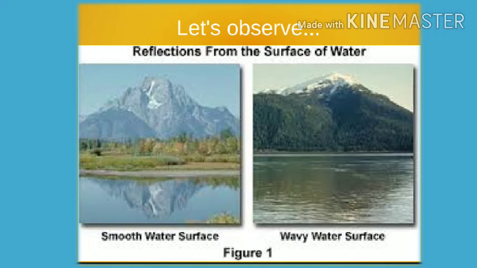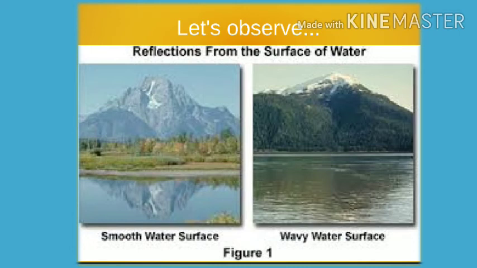Let us observe these two pictures. That is reflection from the surface of the water. In the first picture, the water surface is smooth. In the second one, the water surface is wavy. In the first picture, the image formed is very clear because the water surface is very smooth.